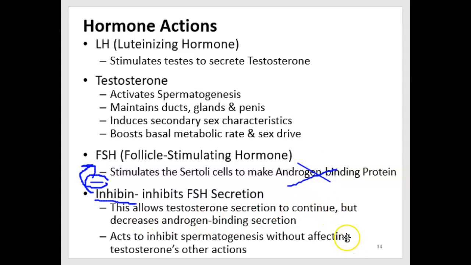This allows testosterone secretion to continue because LH is still affecting the Leydig cells of the testes to make testosterone. So we've got lots of testosterone around, but not a lot of androgen binding protein. So this inhibits spermatogenesis, but it doesn't affect testosterone's other actions. That's what inhibin is all about.